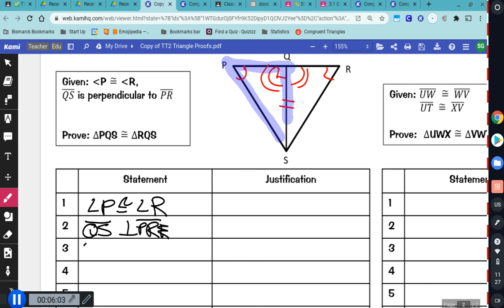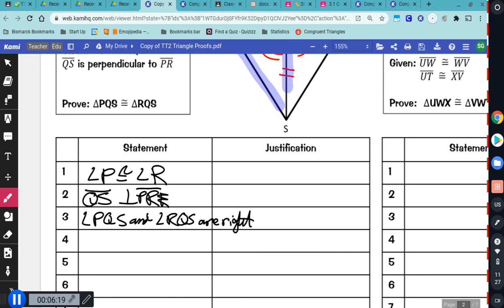Let's see, angle PQS and okay. Go ahead and pause right now.